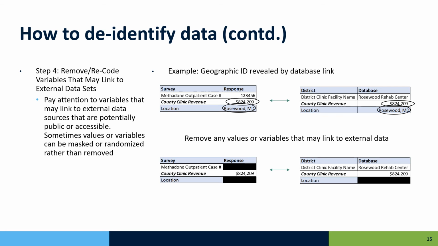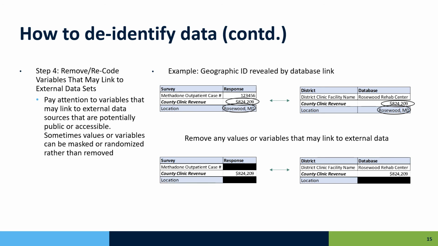So in this sense, we have 2 different data sets. One is from a database and another is from our information. In this case, the 2 variables that are highly connected to each other are the revenue and the location.